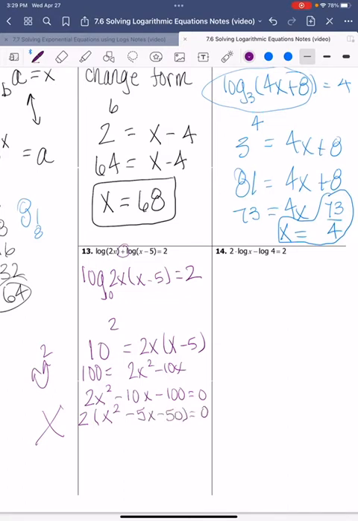And notice what happens now. A is now 1, so I'll be able to shortcut it. So that's going to be negative 50 on the top, negative 5, and I'm thinking negative 10 and positive 5. Yeah, so 2, and I can shortcut it, x minus 10, x plus 5, zero product property, who cares about the 2? X equals 10 and negative 5.